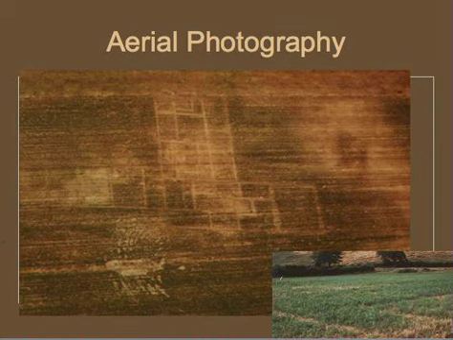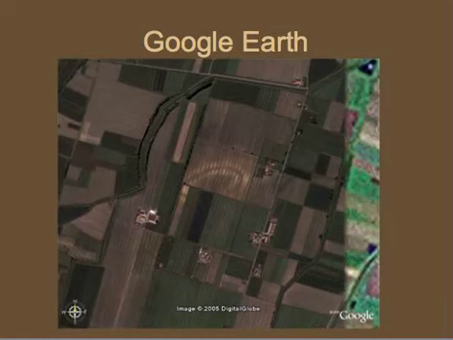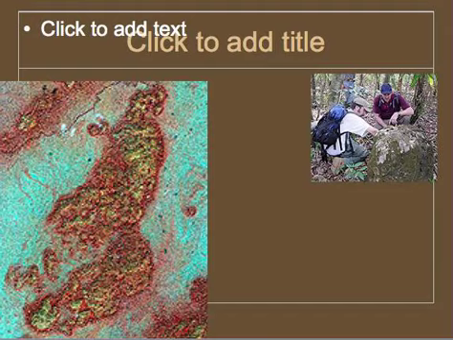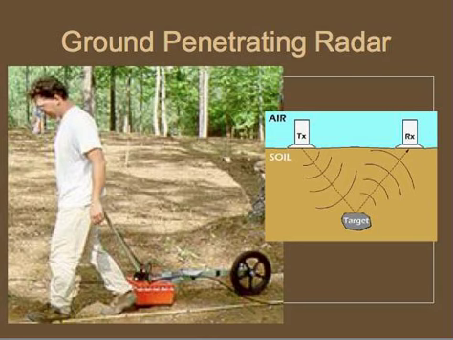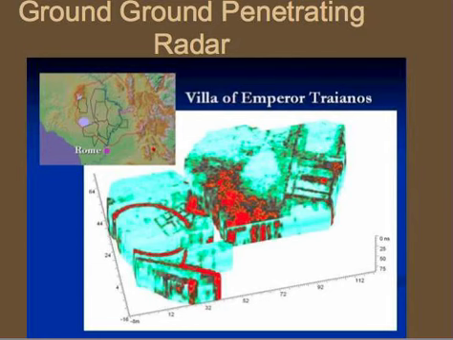We also talked previously about walking transects and finding pottery in plowed fields. We talked a little bit today about Google Earth and also satellite photos, which we mentioned last time. Also, figuring out what's underneath the ground at an archaeological site using techniques such as ground penetrating radar.